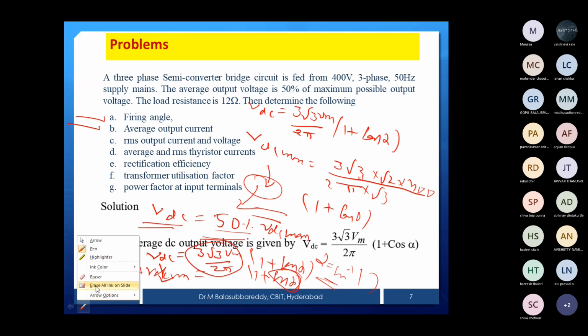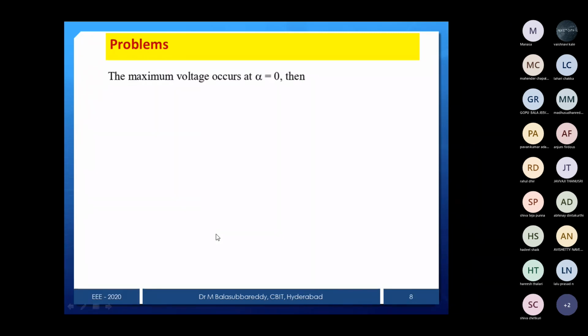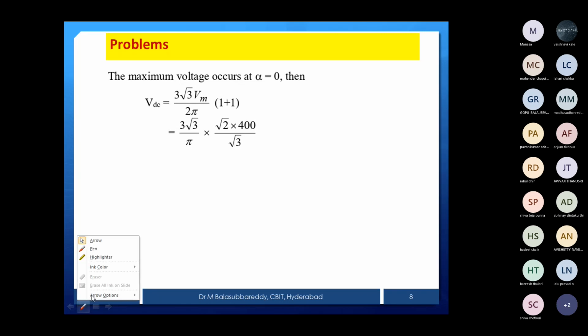That is the way we have to solve it. Now, for alpha equal to 0, 3 root 3 Vm by 2 pi into 1 plus cos alpha: cos 0 is 1, so 1 plus 1 is 2, which gets cancelled out. We get 3 root 3 times Vm. What is Vm? Root 2 into 400, as the line voltage is given. If the phase voltage were directly mentioned, there would be no need to divide by root 3.